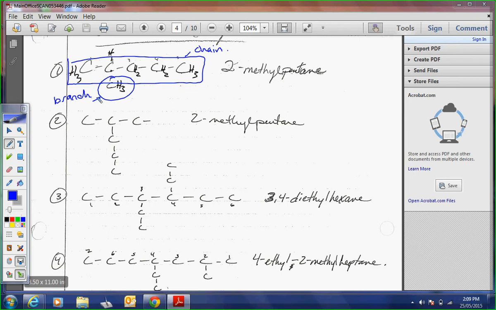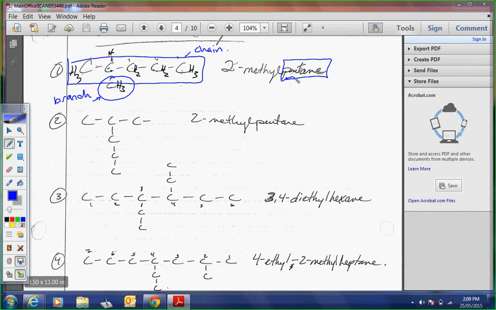And the branches are like the charms that dangle off of this bracelet. Okay, so the bracelet itself is 1, 2, 3, 4, 5 carbons long. And so we call it a pentane bracelet.